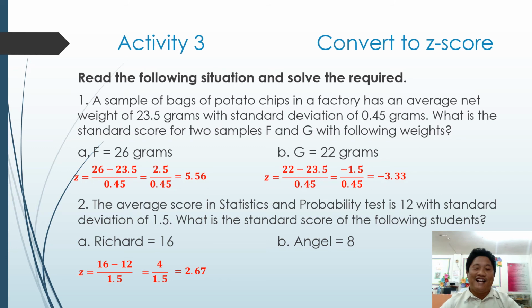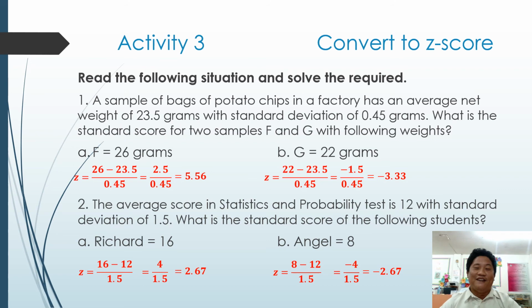Wow, very good. You got it. Now let's have the z-score for Angel. Angel got 8, so z is equal to 8 minus 12 all over 1.5. 8 minus 12 is -4, and -4 divided by 1.5 is -2.67. You got all correct? Very good.